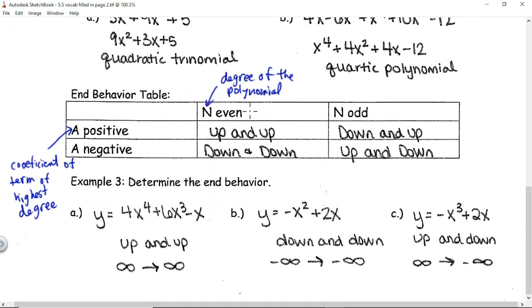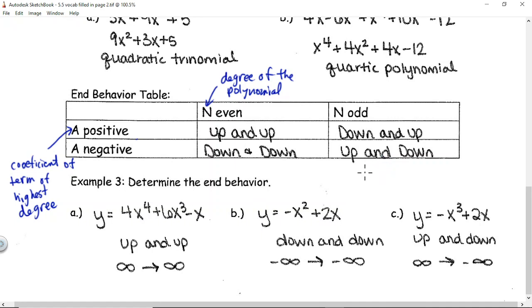For a parabola, that's a quadratic, n is 2. So according to this table, it should go the same direction as you go left and right. That is, they either both go up or they both go down. And we see that that's what a parabola looks like. They either both go up if it opens up, or they both go down if it opens down.